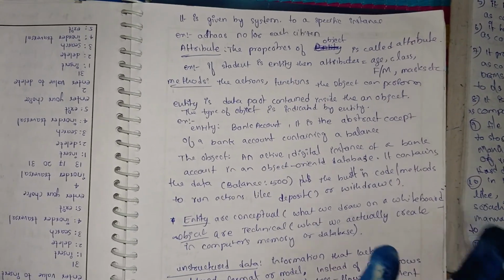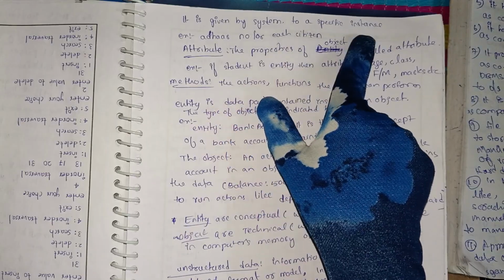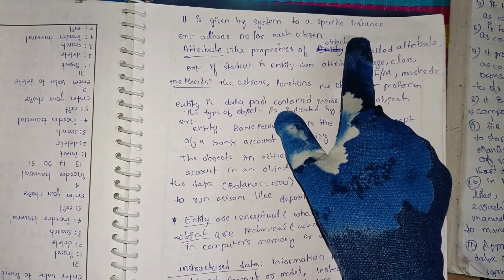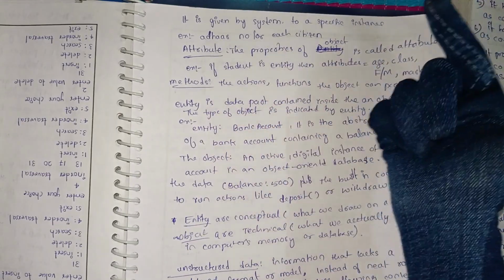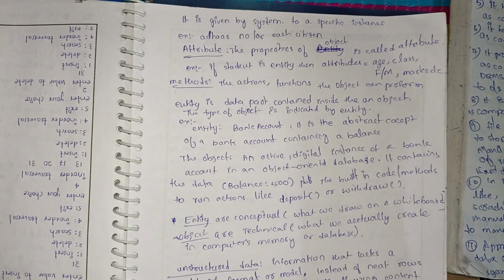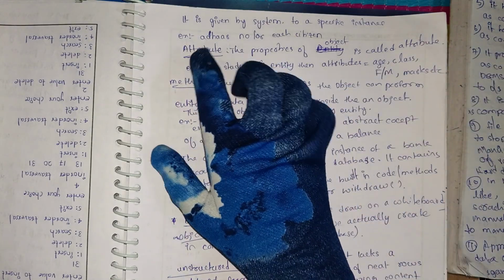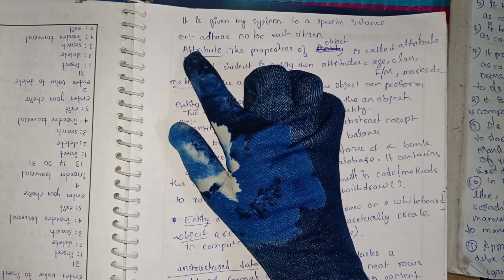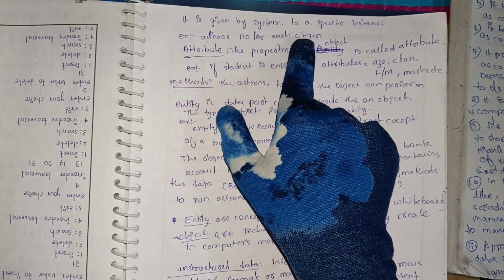It is given by the system to a specific instance, like a student, a car, a bike. The system will give a specific number to it. That's the identity. An example is the Aadhaar number for each citizen.